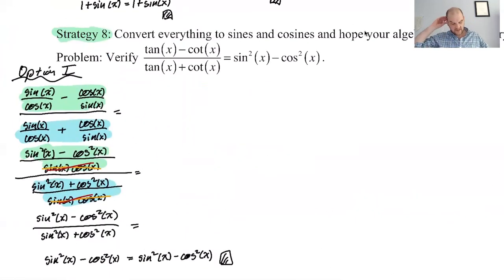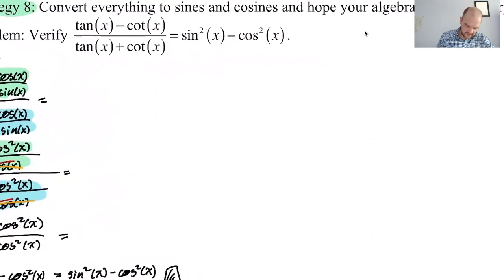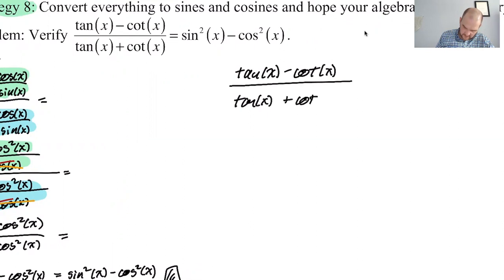All right, is there another way we could do this? There's a lot of ways that we can do this. I'm going to try something potentially weird. I'm going to go back to the beginning here. I've got tan x minus cotan of x over tan x plus cotan of x.